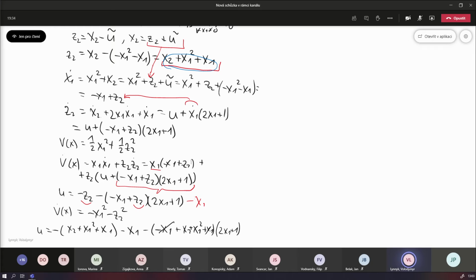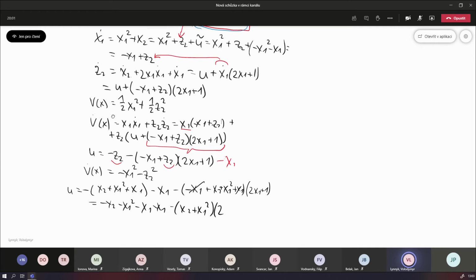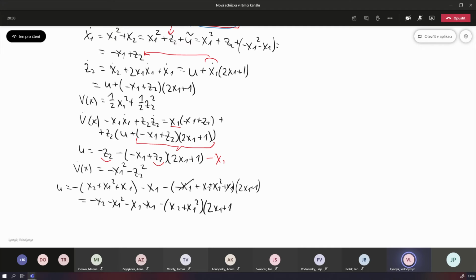Okay, and this all equal to minus x2 minus x1 squared minus x1 and minus this x2 plus x1 squared times 2x1 plus 1.